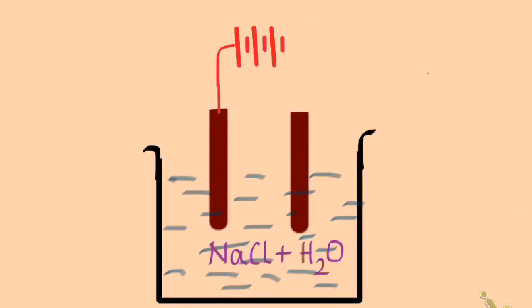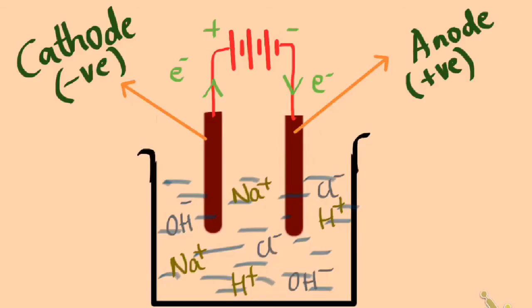Take a solution of sodium chloride, that is sodium chloride mixed with water. When we disconnect the battery, we see that the electrolyte is intact. But as soon as we connect the battery, we find that the sodium chloride solution has disintegrated into ions of sodium and hydrogen, which are the cations, and chlorine and hydroxide ions, which are the anions.